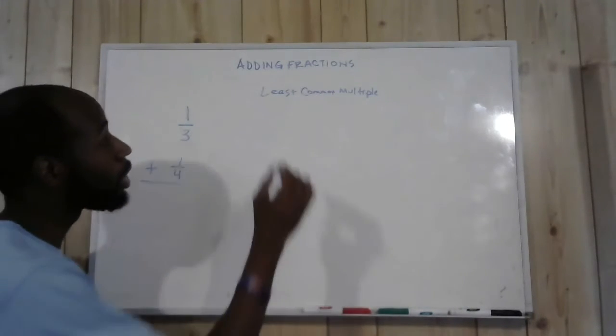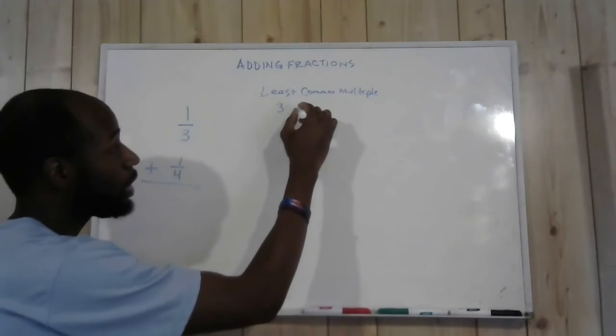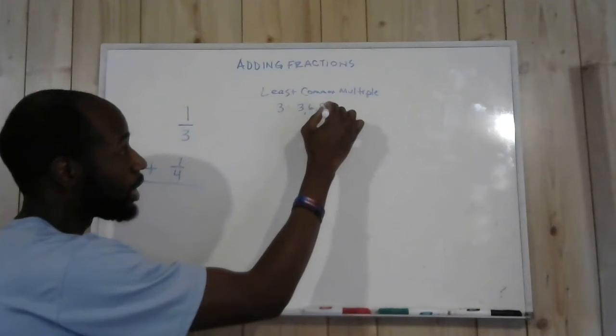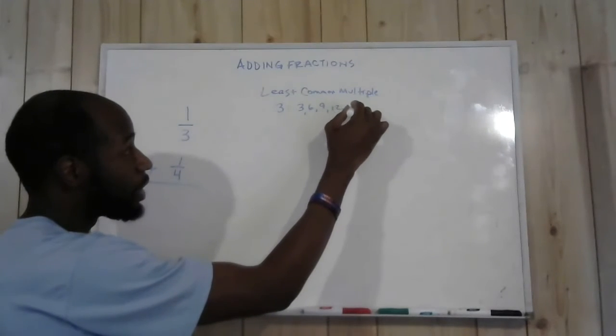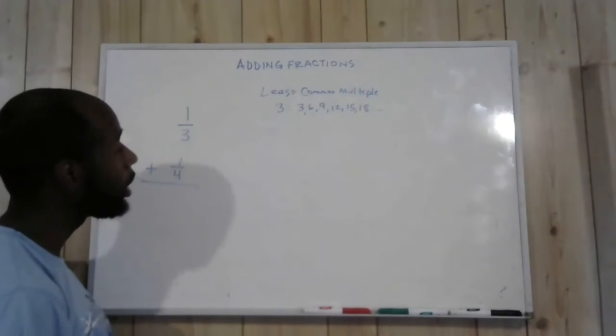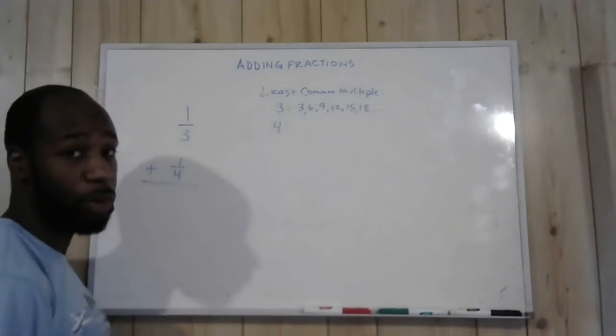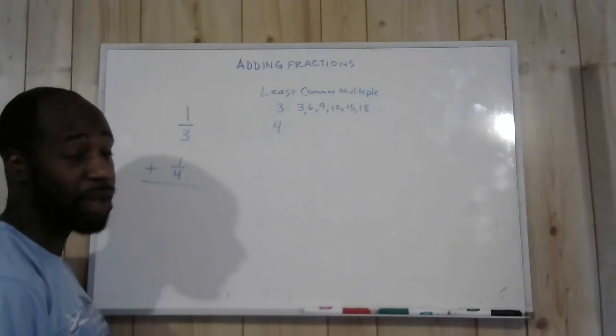So what are the multiples of 3? You have 3, 6, 9, 12, 15, 18, and so on and so forth. Multiples of 4. You could go on and on if you wanted to, but I think that we won't really have to do that here.